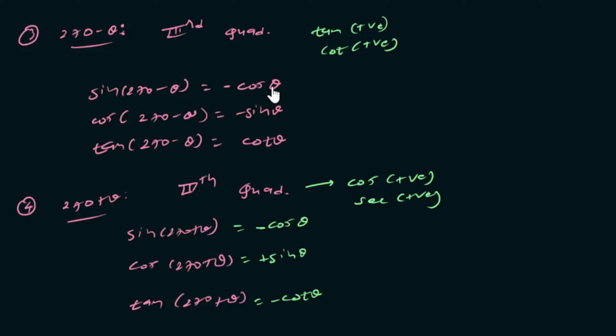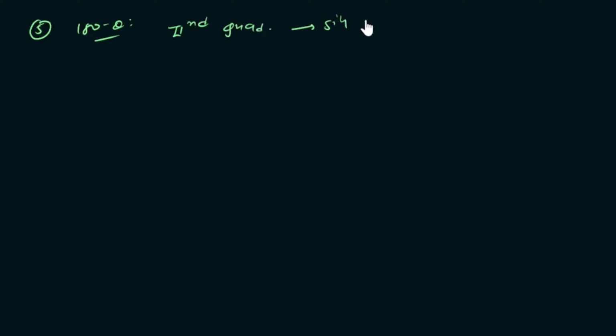The next type of angle, the fifth, is 180 minus theta. So 180 minus theta is in the second quadrant. In the second quadrant, sine is positive, and apart from sine, cosec is also positive.